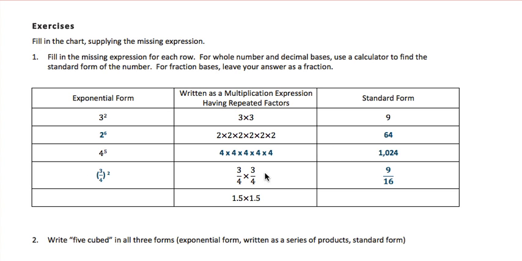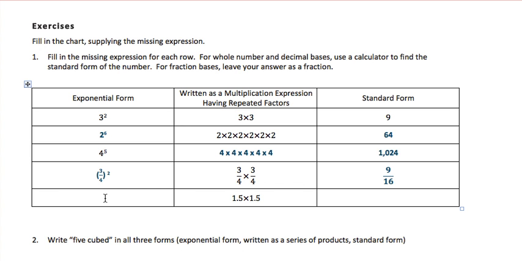And its value, 3 times 3 is 9, and 4 times 4 is 16, is 9/16, which again, you should notice is smaller. It has a lesser value than 3/4 individually. But when we multiply a fraction times something, we actually end up with something smaller than that. So if we multiply a fraction times a fraction, we will end up with a value that is smaller than our original fraction.